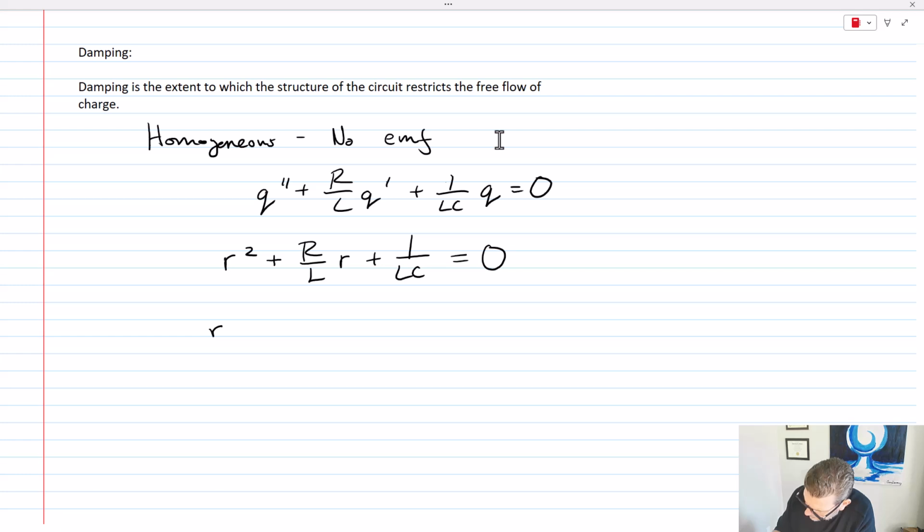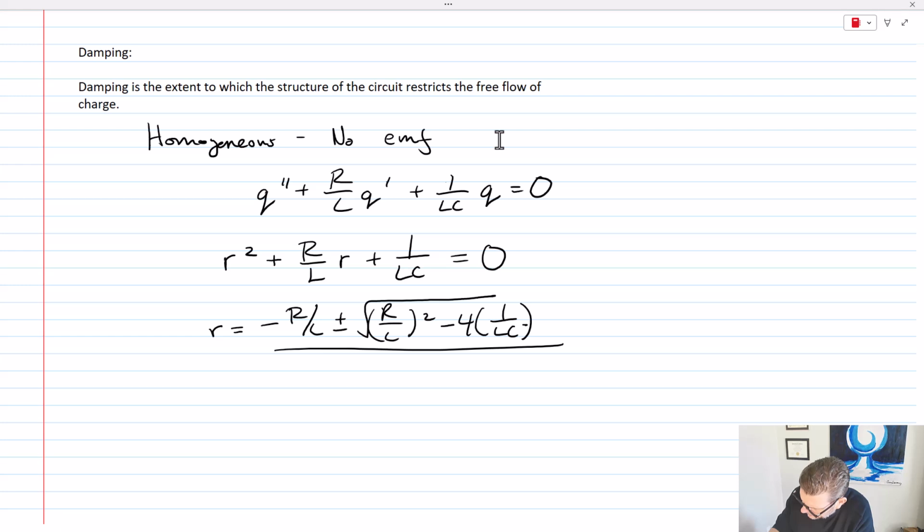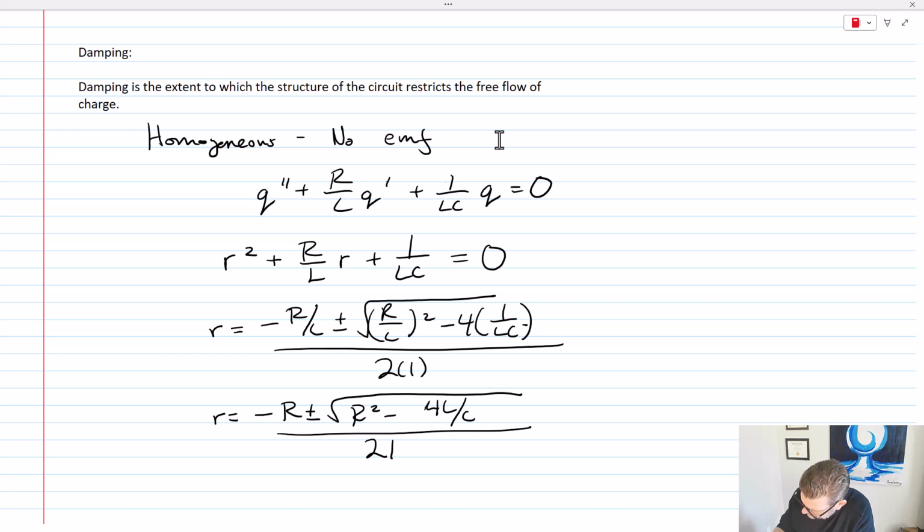Using the quadratic, we'll end up getting r equals negative R over L plus or minus the square root of R over L squared minus 4 times 1 over LC, all divided by 2 times 1. Doing a little bit of algebra, we end up getting r equals negative R plus or minus the square root of R squared minus 4L over C, all divided by 2L.